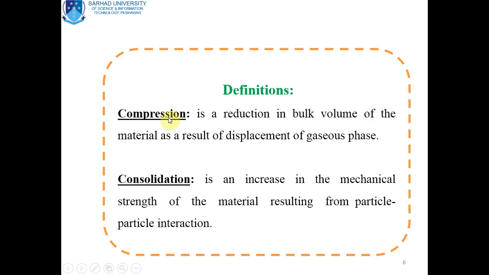Suppose we have a beaker in which we keep a certain quantity of powder up to 10 ml. If we fill it and then tap or apply force over this mass in that cylinder, the volume will be reduced from 10 ml due to the displacement of the gaseous phase.